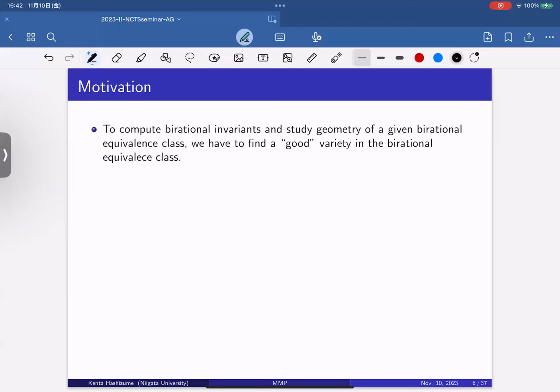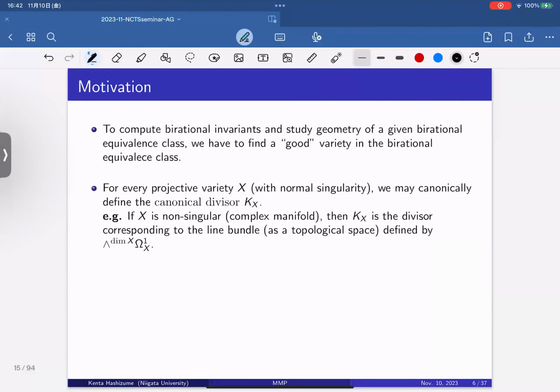So we need to find a variety with good geometrical properties in the birational equivalence class. Currently, a variety with good geometrical properties means a variety with a good canonical divisor or canonical line bundle.